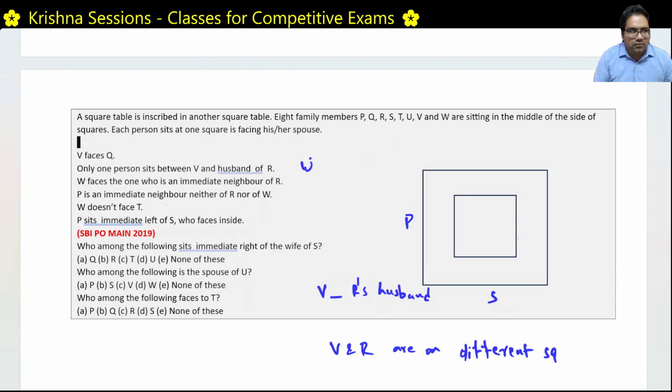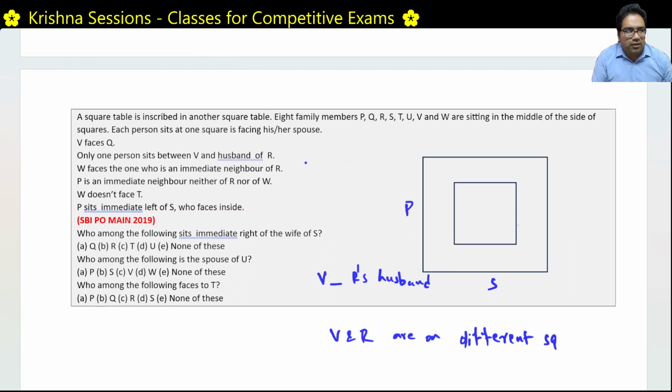Because W is facing R's neighbor, W is in the other square. W and R cannot be in the same square. Now we decided R has to be in the inner square. That means W has to be in the outer square.